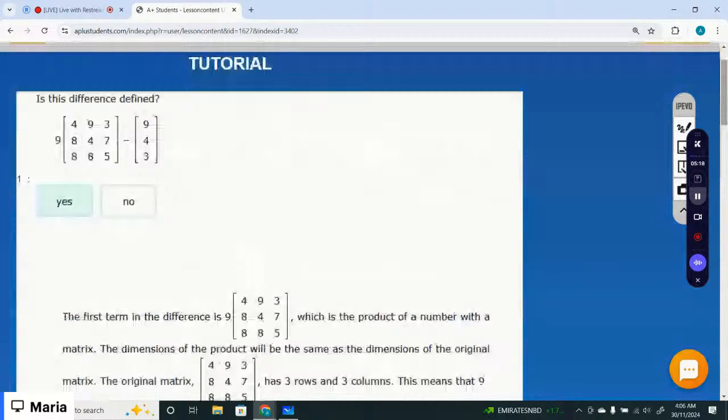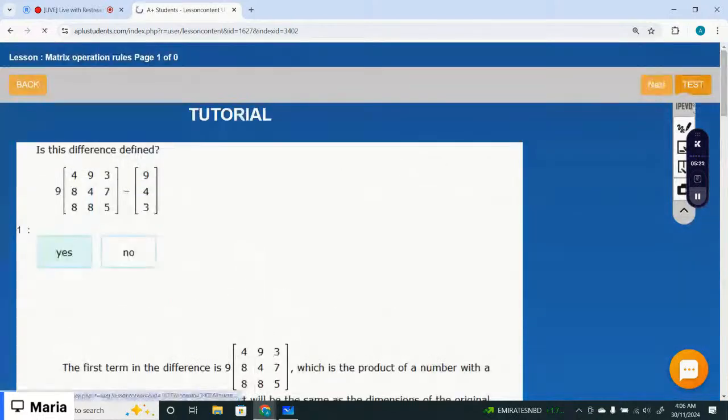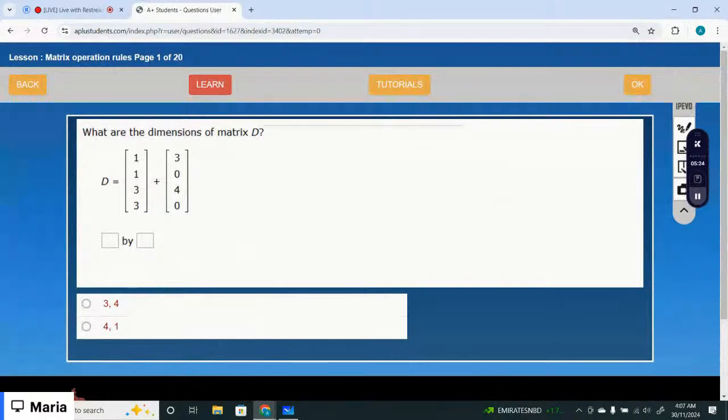Let's just start with the test questions. What is the dimensions of the matrix D?